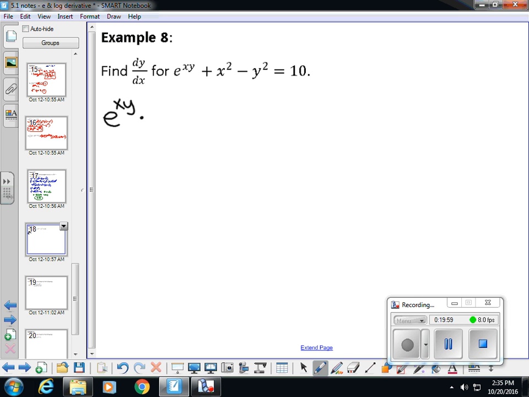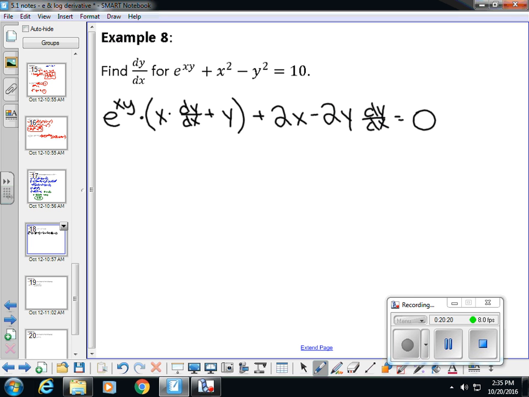Now that's a product rule. So it's going to be the first times the derivative of the second plus the second times the derivative of the first. And I get dy 2y dy dx equals 0.